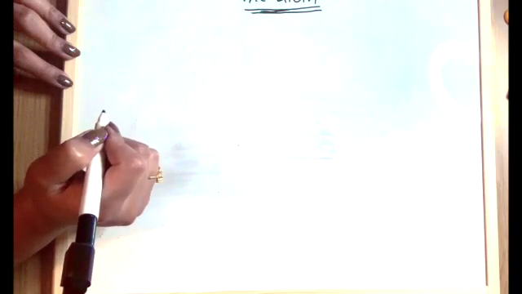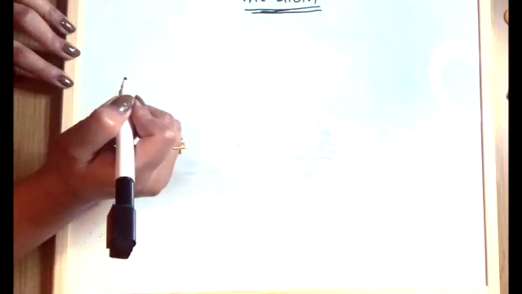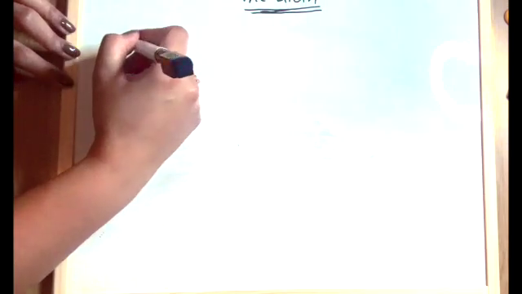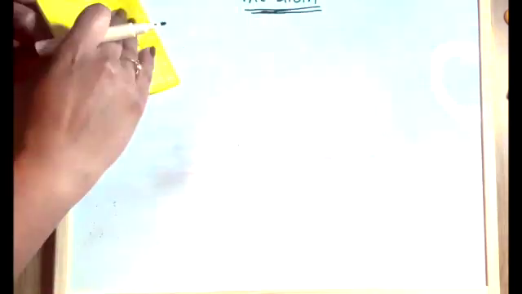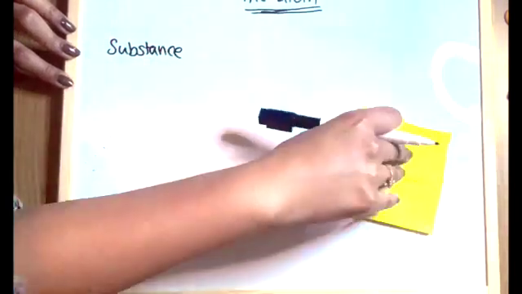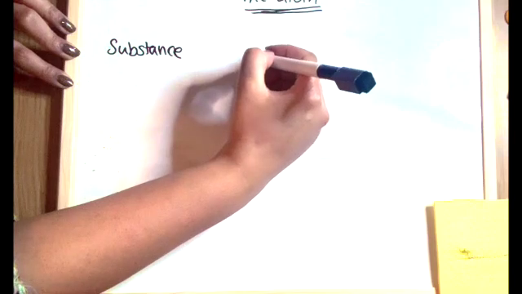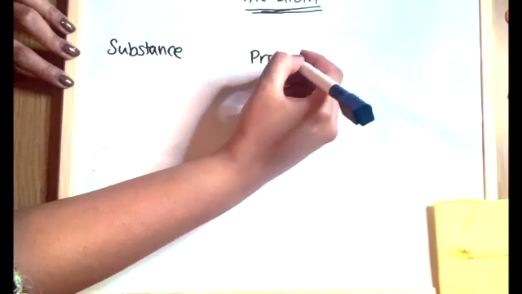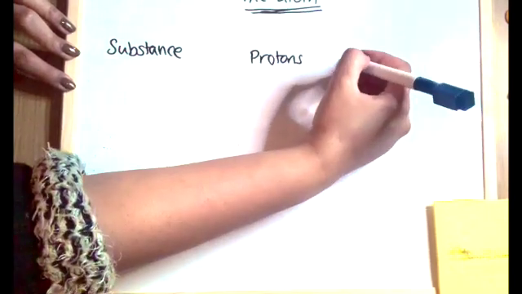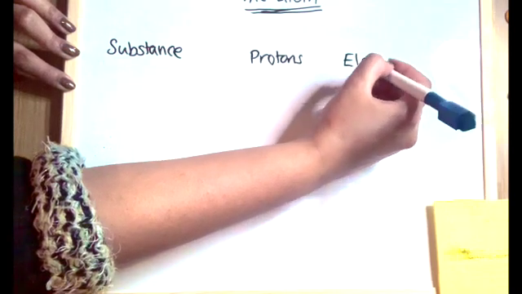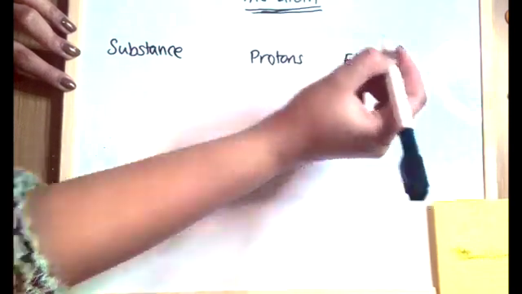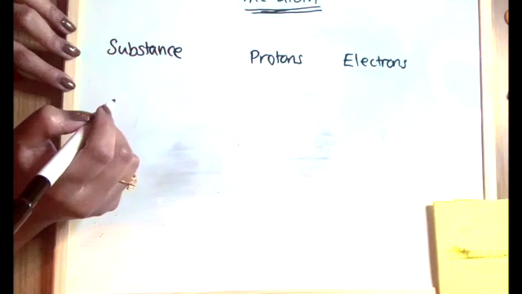So, for example, if I have an atom of nitrogen, let's write substance, then the number of protons and then the number of electrons. I'm not going to include the neutrons because the neutrons don't have a charge.